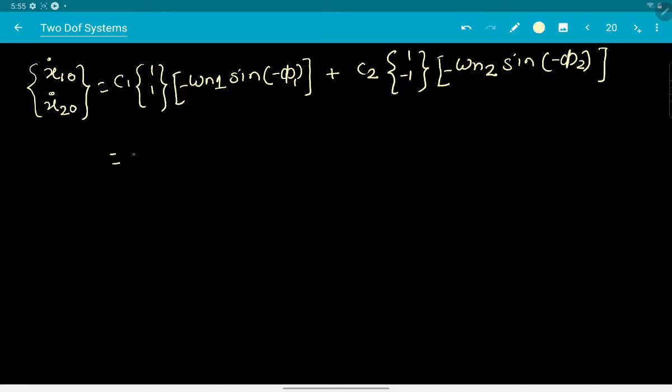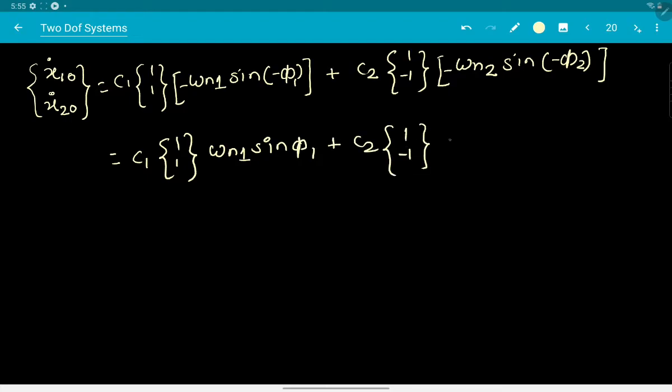It is c1 times 1 1 times omega n1 sine of phi 1, and c2 times the mode shape 1 minus 1 times omega n2 sine of phi 2. So this is the velocity vector that you have obtained.